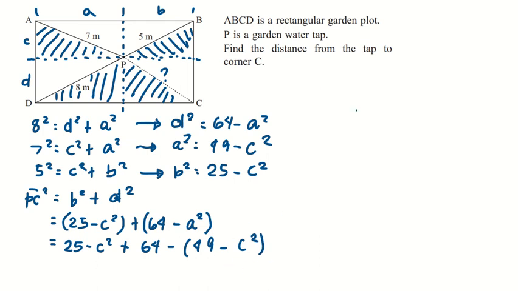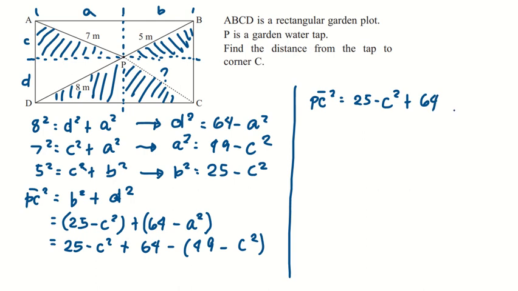I'll just move here. I'm running out of space there. So PC squared is equal to 25 minus c squared plus 64 minus 49 plus c squared.